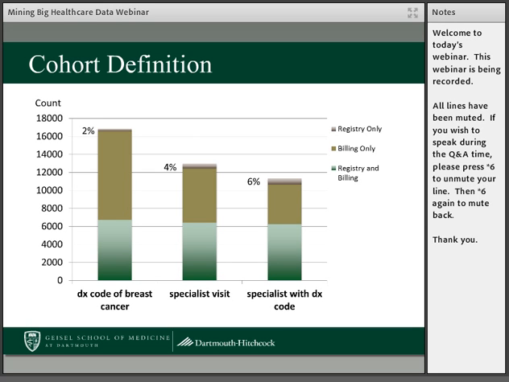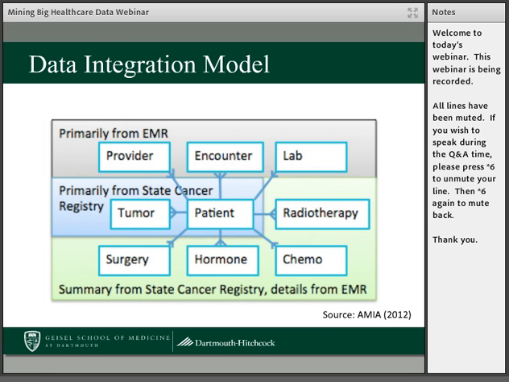But one cannot simply take the data and expect the codes to be revealing in terms of the accuracy of the diagnosis the patient has. So once we've decided who should be in our cohort, we then think about each of the data elements that we want to pull from this variety of resources. And what I like to point out is that any time there's a registry that's collected data, that is probably the best source to start with.